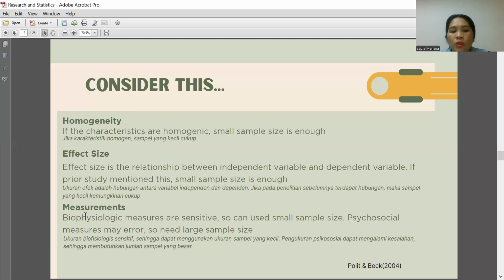When we use biophysiologic measures, like blood, the measurements are sensitive, so maybe a small sample size. But if we use psychosocial measures, like in nursing studies, we measure stress or motivation, so we need a large sample size.